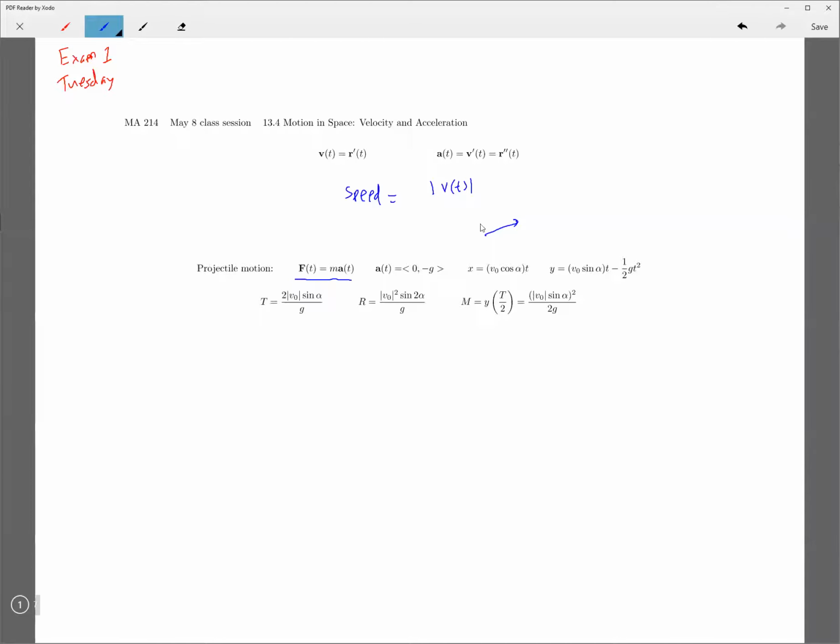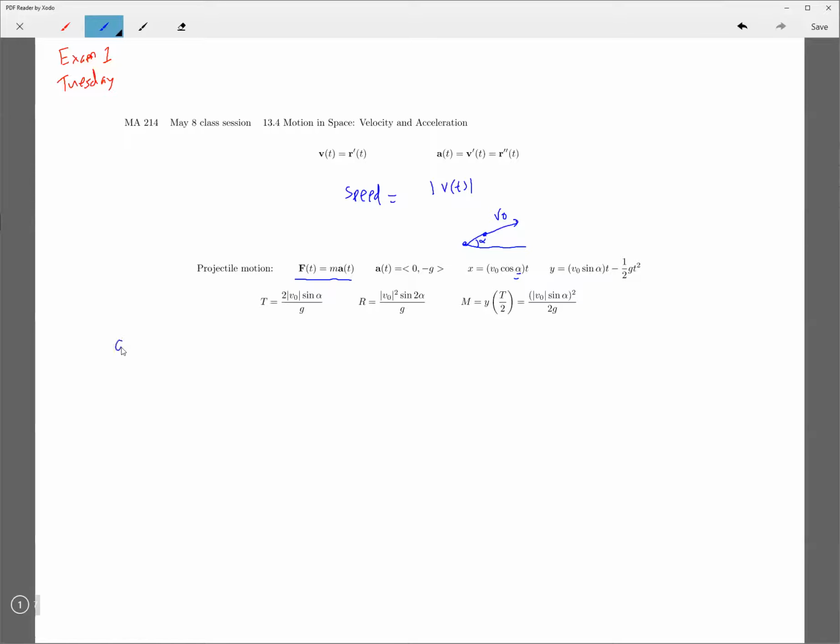So if you launch an object with initial speed v0, okay, you're basically launching it with an initial speed v0, and the angle with the ground is alpha. That's this angle here, and the v0 is the speed. Then there's an x component and there's a y component.